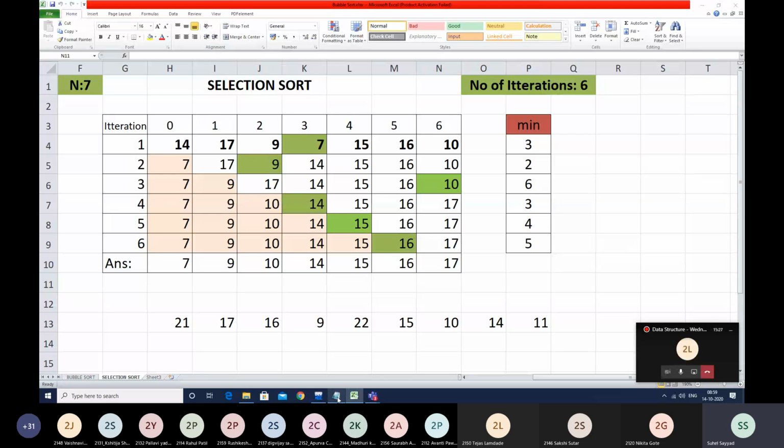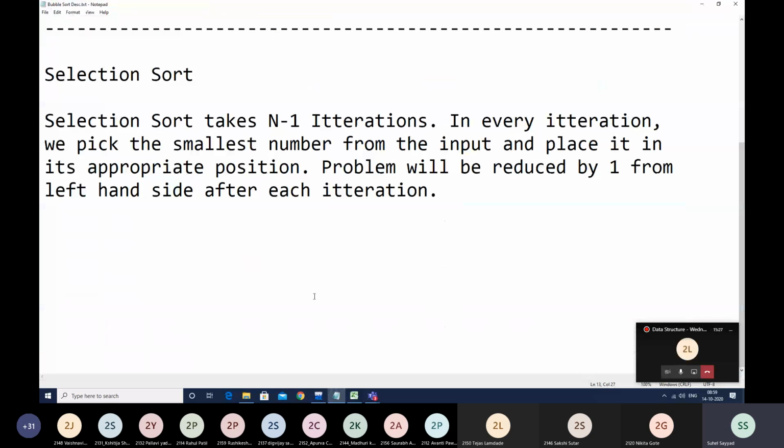Here the problem gets reduced by 1 from the left hand side after the end of each iteration. In the first iteration, we find the smallest number at index number 3, so we swap index number 3 with index number 0.